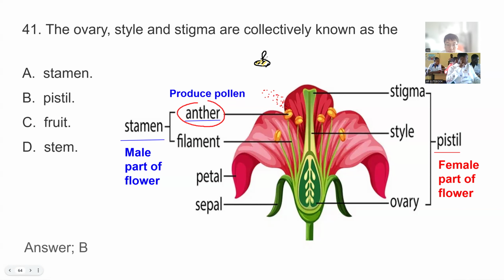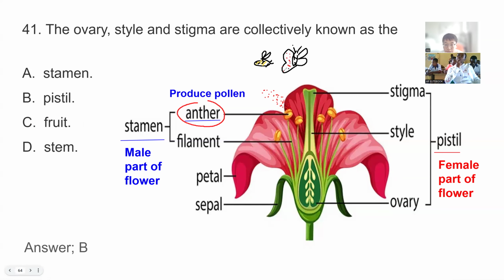So bees are pollinators, or maybe butterflies, as they get their food, they try to collect nectar from the flowers, but as they come, they can carry pollen to another plant.